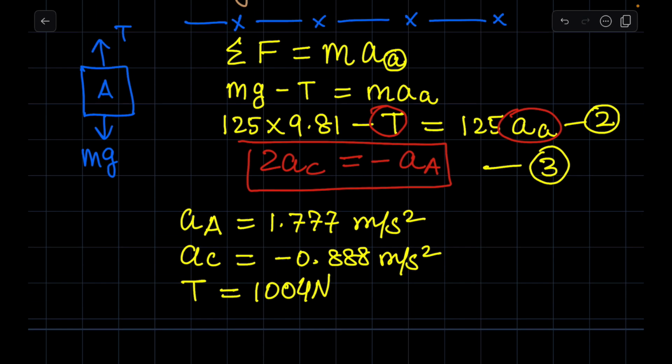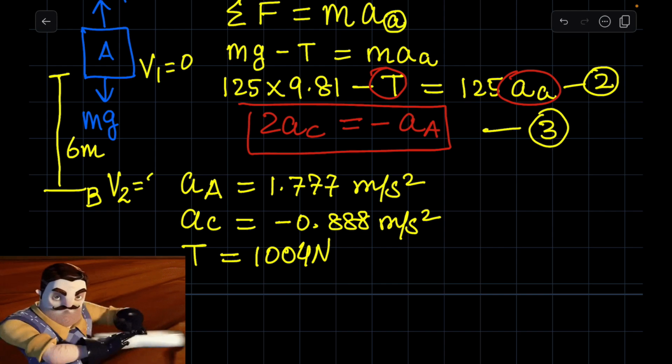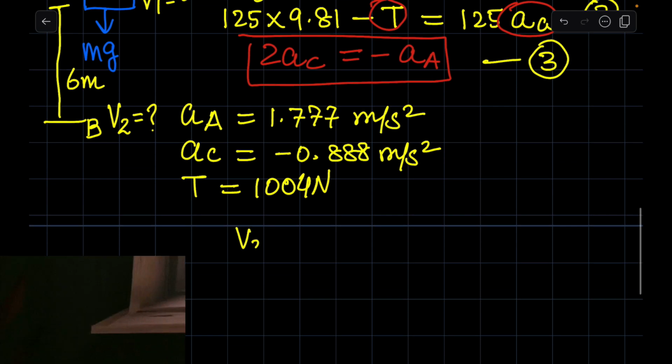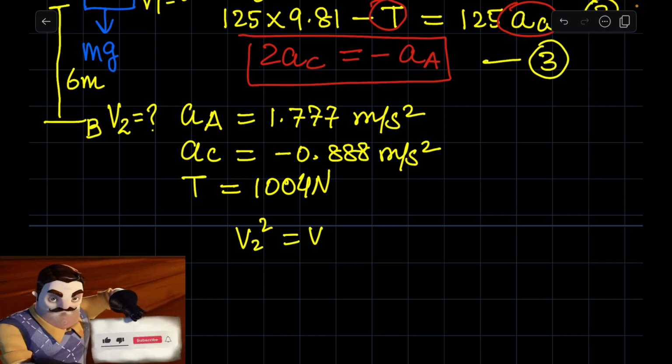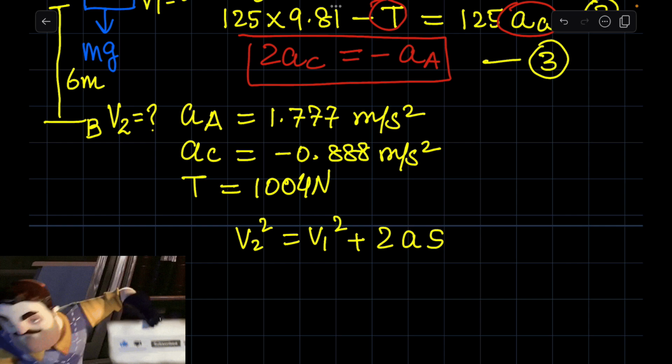Now in this problem they asked what the velocity will be when it drops 6 meter down to this position. The velocity at point 1 is 0, and we have to find the velocity at point 2. We can write the formula v2 square is equal to v1 square plus 2a times the displacement.